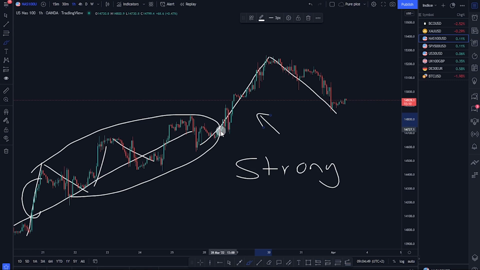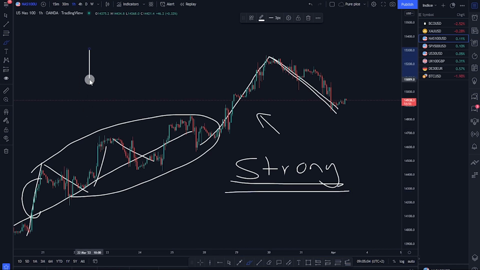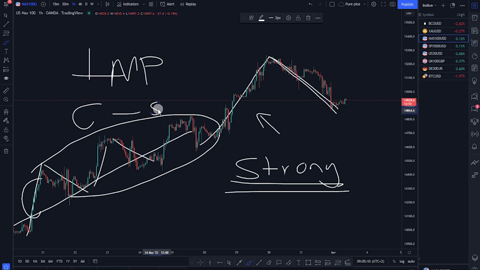So the fact that this impulsive wave is big is already nullified by the fact that this corrective wave is also big. Because if we are to see a stronger move on the buyer side, we need to make sure that only the impulsive waves are big, and let the corrective wave remain small.